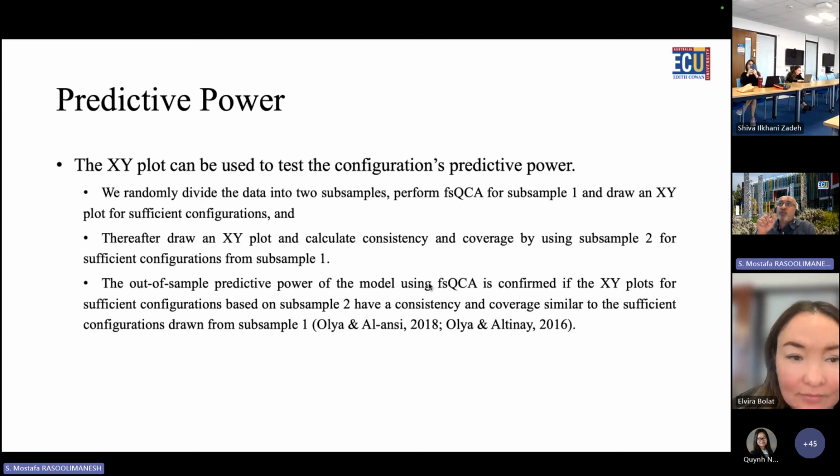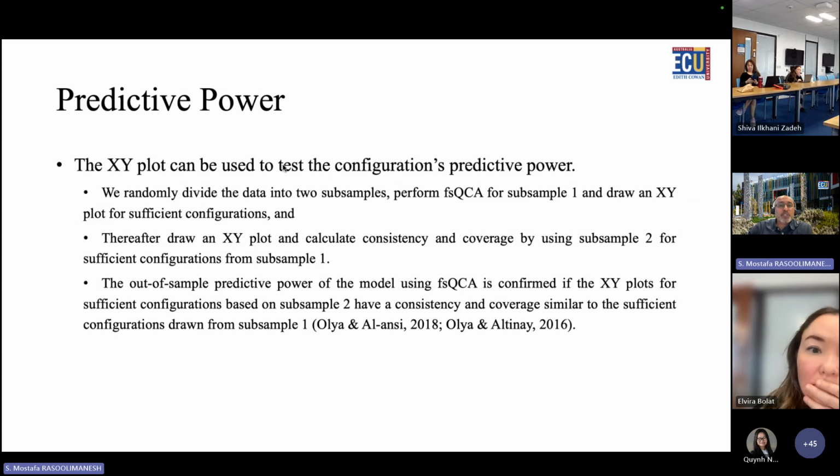In our paper we also discuss how these two methods, fsQCA and PLS-SEM, can help each other and work together to show the predictive power of the model, because we can calculate predictive power in these two models, and both are prediction oriented approaches.